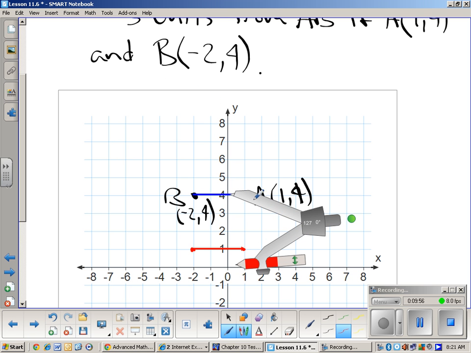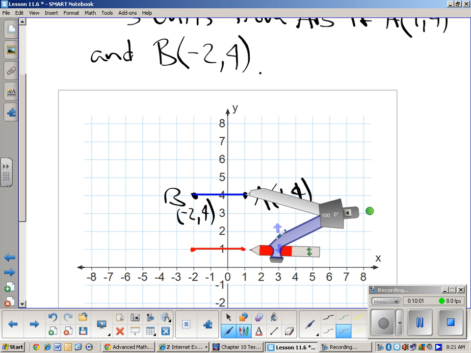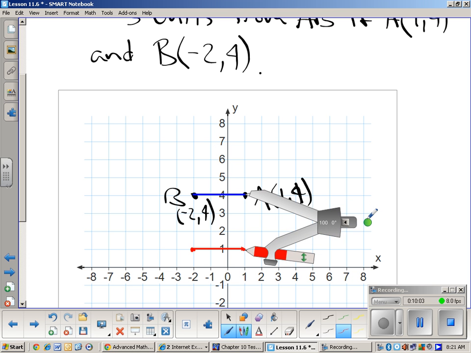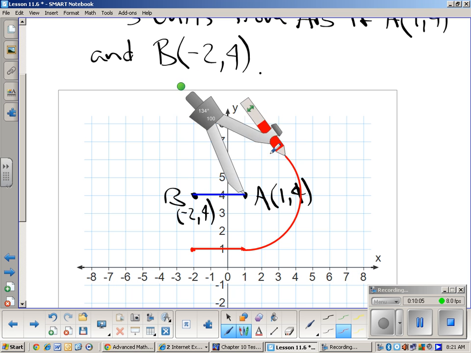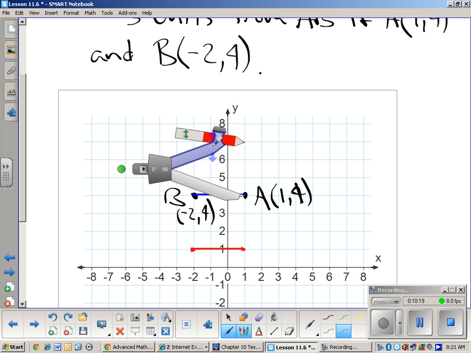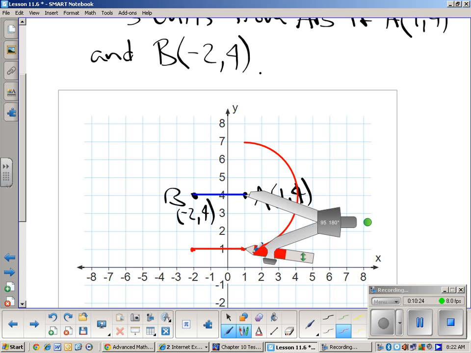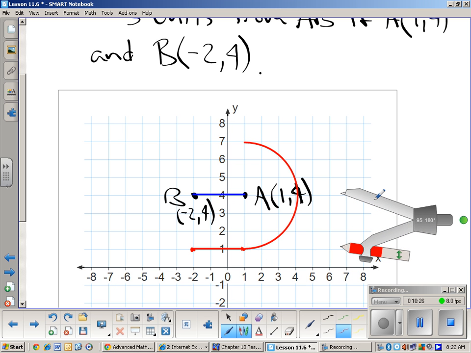But you're saying that if I put this here, all of those are 3 units away from that segment?